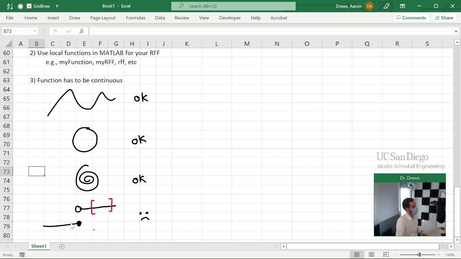So it would be okay if you had a discontinuous function, but you were looking for a root in its continuous domain, or its continuous range. That's just another way of telling MATLAB, don't worry about the discontinuity. So this one would be okay if you were to restrict it to just a subsection.